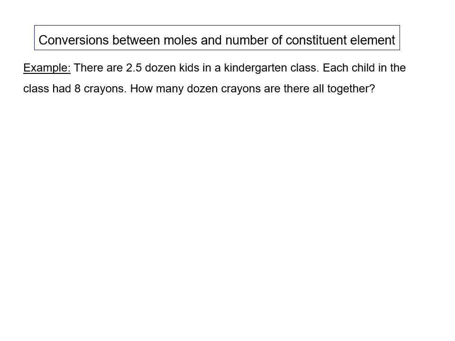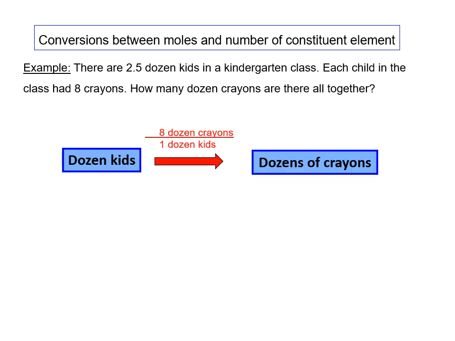Notice that in this problem, rather than converting dozens of kids to number of kids, and then to number of crayons, and then dozens of crayons, I can just go straight from dozens of kids to dozens of crayons in one step. So I can just go straight in one step using the conversion that 8 dozen crayons per 1 dozen kids, right?